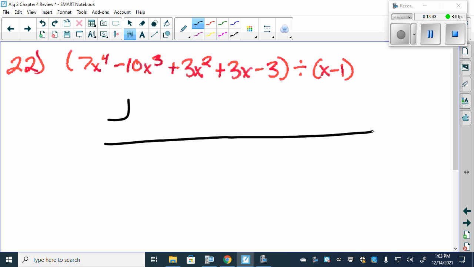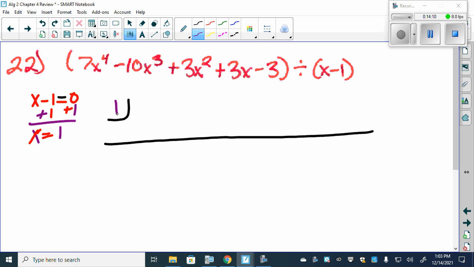So to set up synthetic division, we make the cubby hole and the line. And we solve x minus 1 and set it equal to 0. We solve for the value of x. So the first thing that we do is we're going to add 1 to both sides, which tells us x is equal to 1. And we put the 1 in the cubby hole.